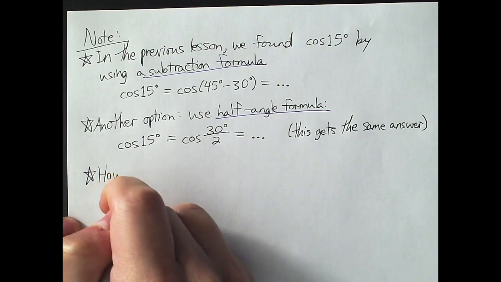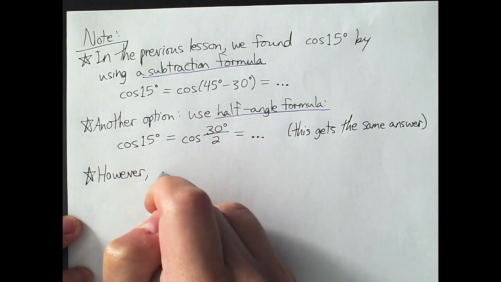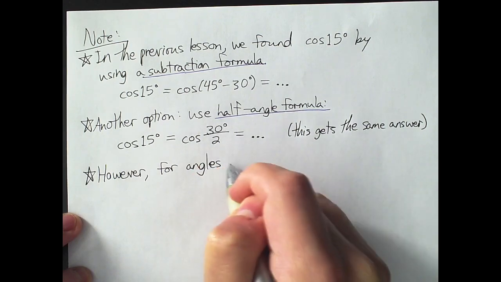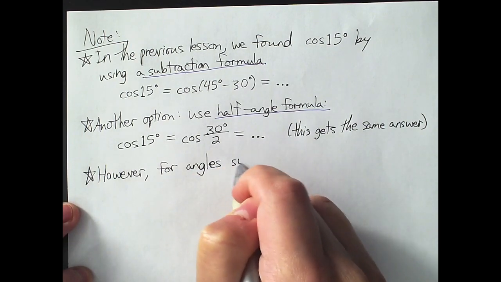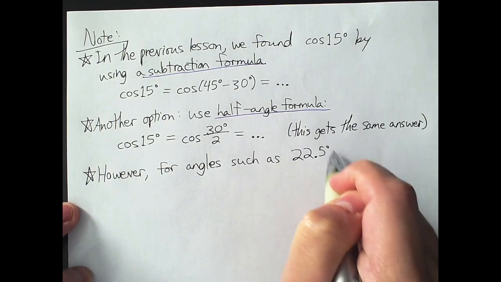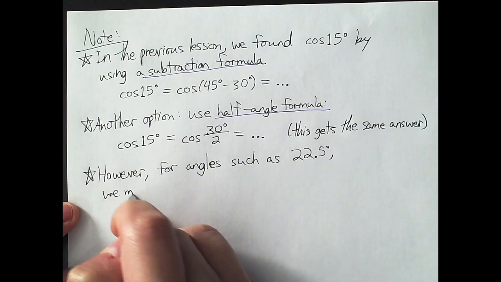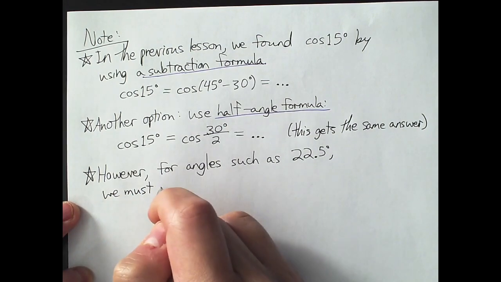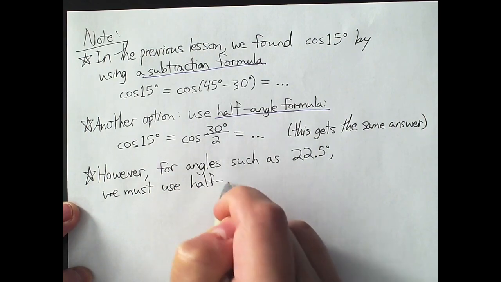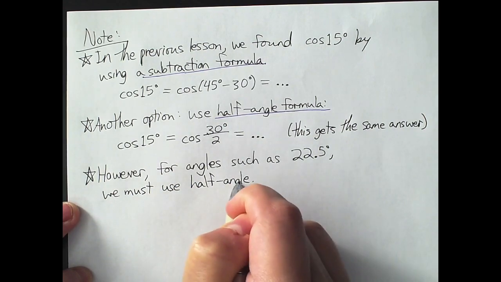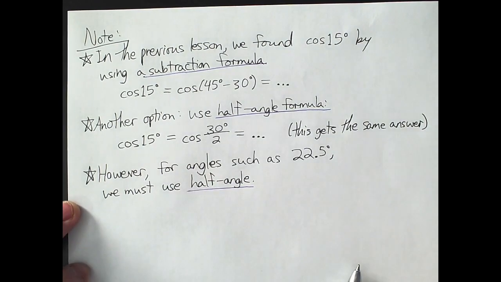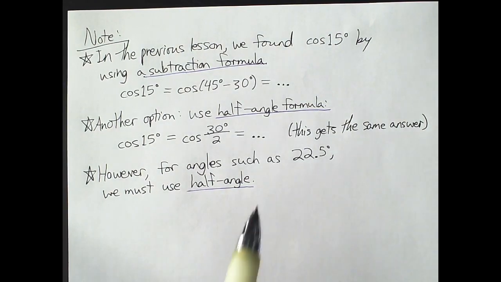However, for angles such as 22.5 degrees, we must use half angle. Do you see why we have to use half angle? It's that 0.5, isn't it?